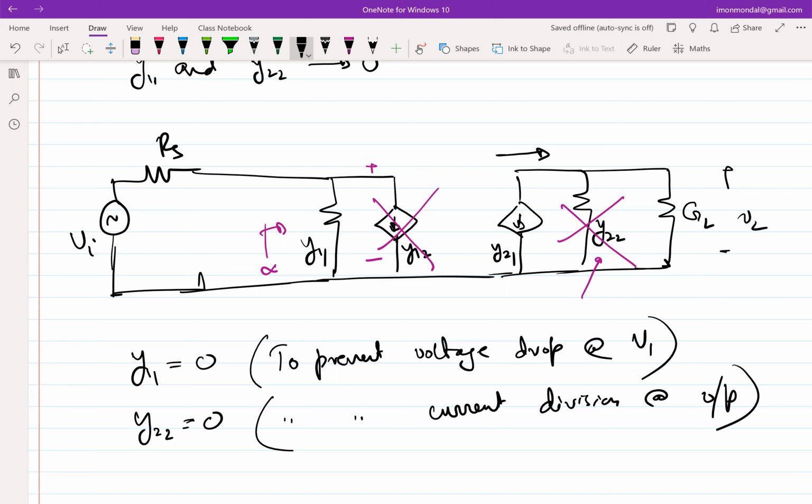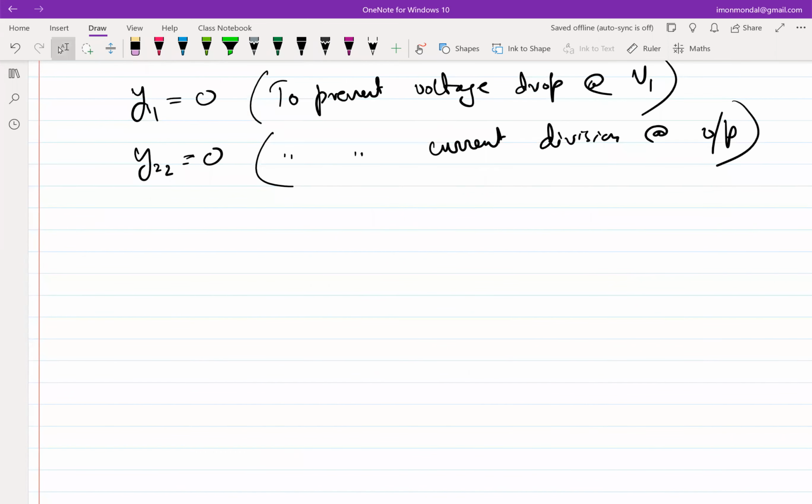Okay, so now the wish list of your nonlinear network is complete. So what is the wish list? Essentially, the wish list is Y11 equal to 0, Y22 equal to 0, Y12 equal to 0, and Y21 tending to infinity.